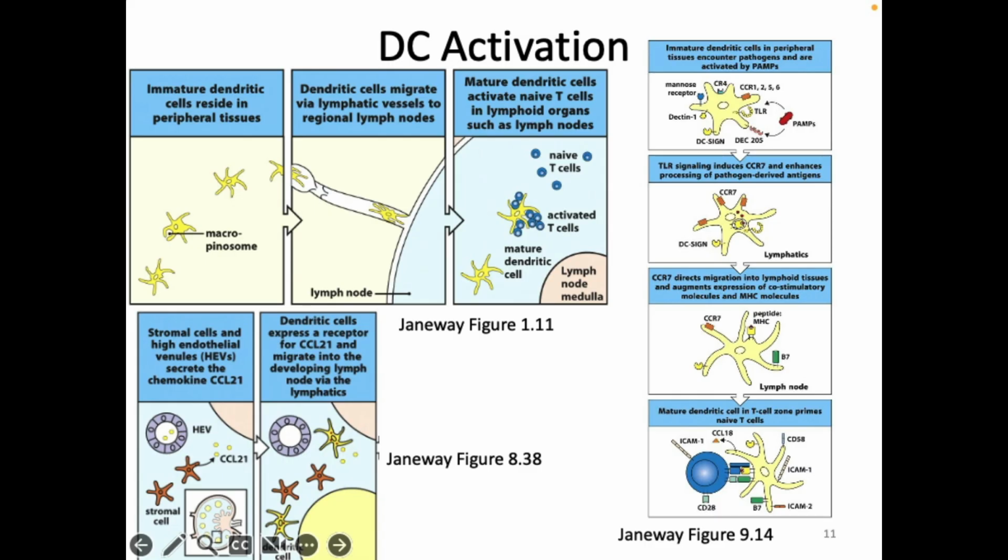This is part of dendritic cell activation. One of the most important proteins that is made by a dendritic cell when that dendritic cell gets activated is B7. So when we are activating our antigen presenting cell, especially a dendritic cell, that cell is going to start making B7.